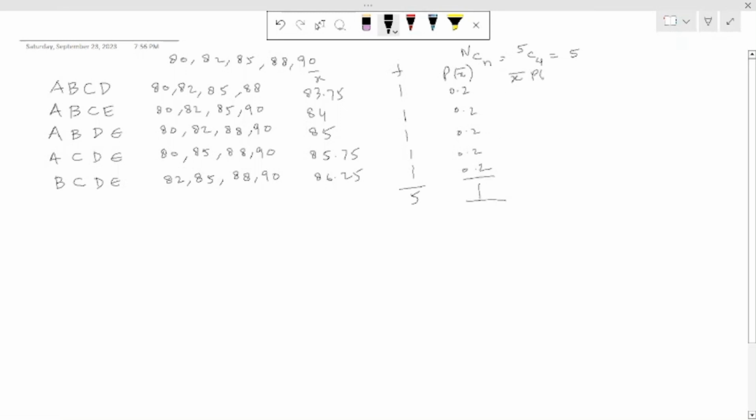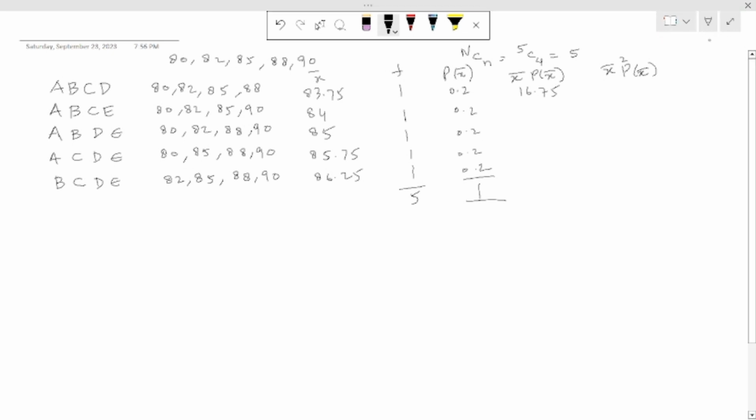And x bar times p of x bar would give you 83.75 multiplied by 0.2 is 16.75. I am computing this directly as well, because this is simply to multiply this answer of 16.75 to 83.75 again.